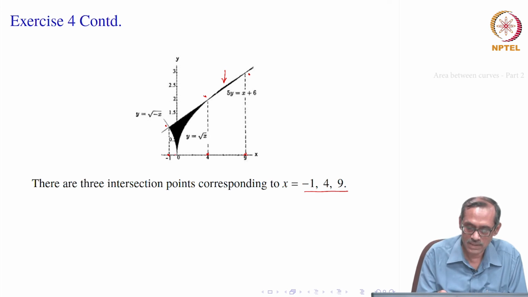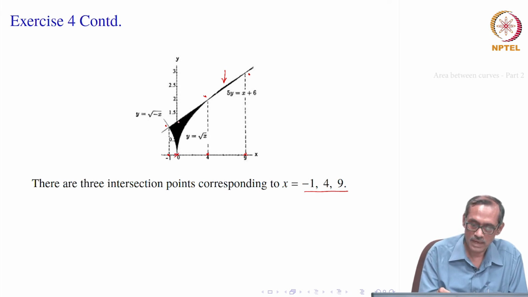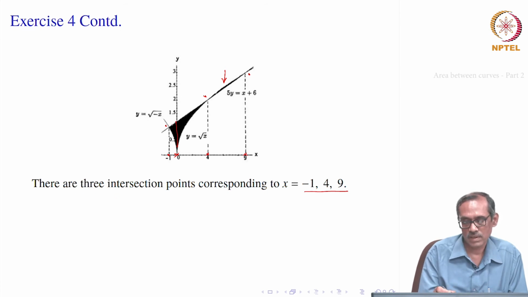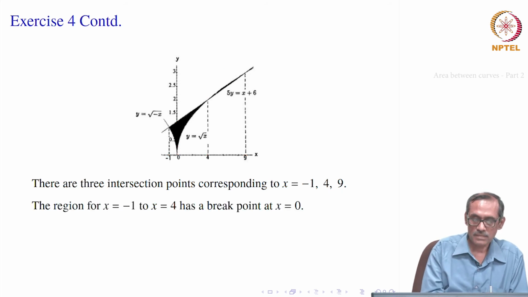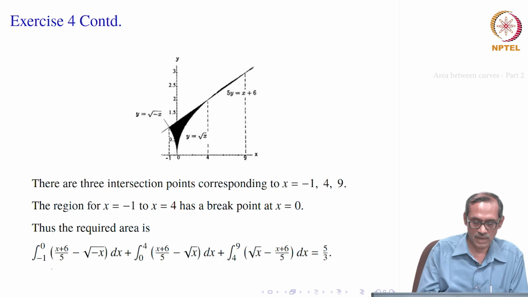So, let us say at 0 we break it, then we have one area which is formed, top line is the straight line and bottom was this curve, and on the other side again you have one on the top and one on the bottom. So, we have really got 3 integrals that way. That is what we do.